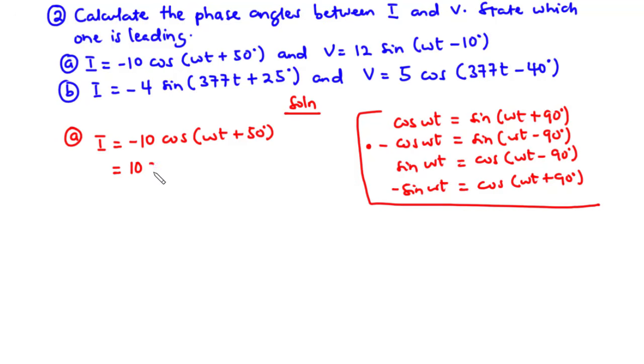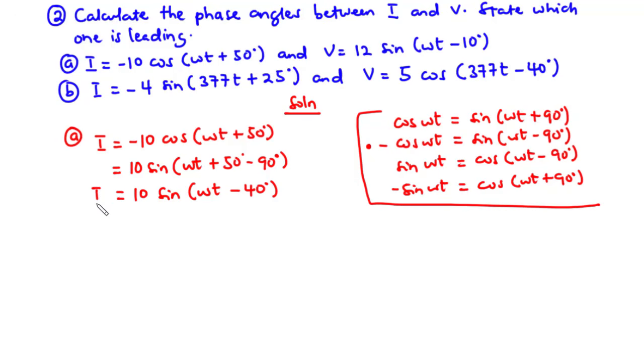The form of the signal changes. We have sine and then omega t plus 50. Now we are going to subtract 90 from the phase angle, so minus 90 degrees. So finally we have I to be 10 sine omega t plus, or better still, minus 40 degrees.